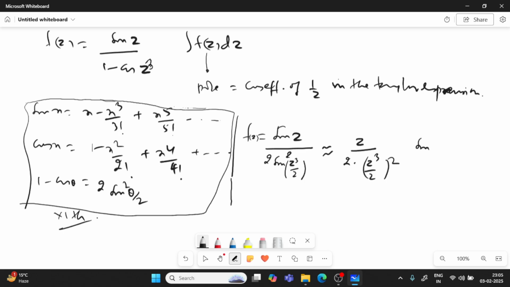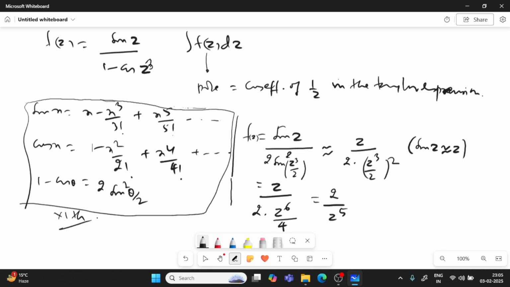As we know that sin z can be approximated to z, so it would result in z upon 2 into z^6 upon 4. But it can be written as 2 upon z to the power 5.